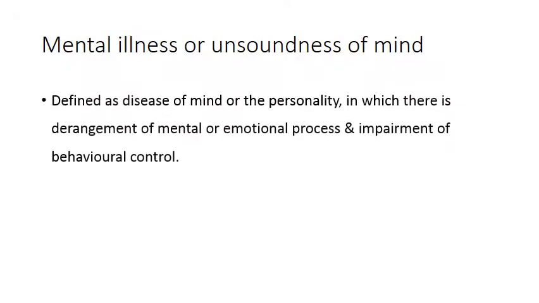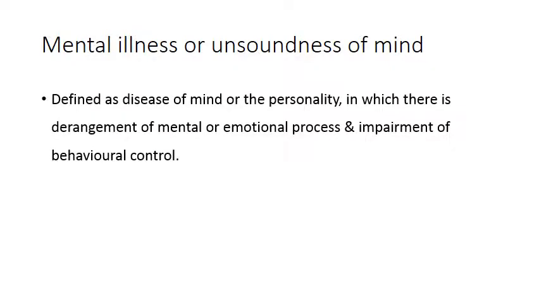We'll define what is meant by mental illness or unsoundness of mind. It is defined as a disease of mind or the personality in which there is derangement of mental or emotional process and impairment of behavioral control.